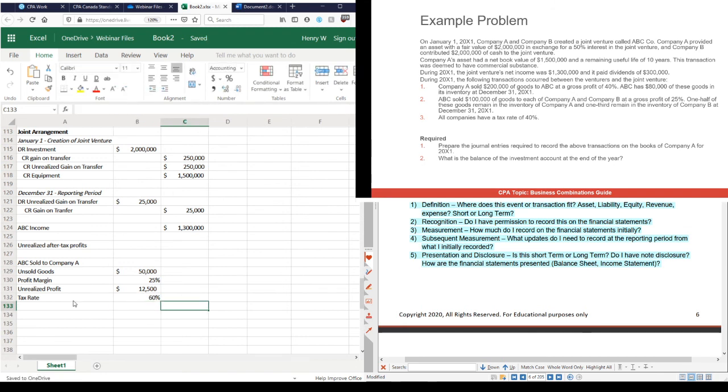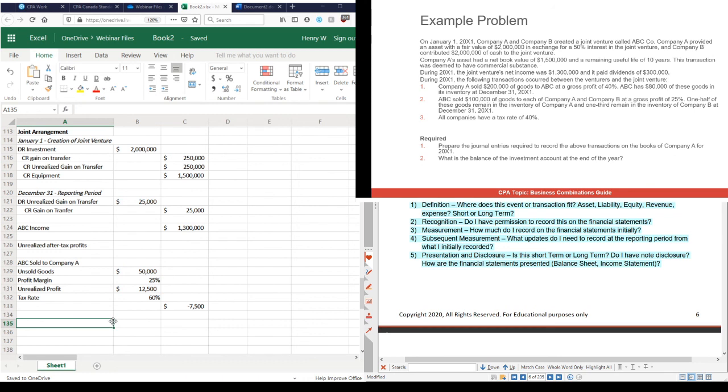So to make that adjustment, it's this times, giving 7,500. Got to eliminate that, so subtract that there.